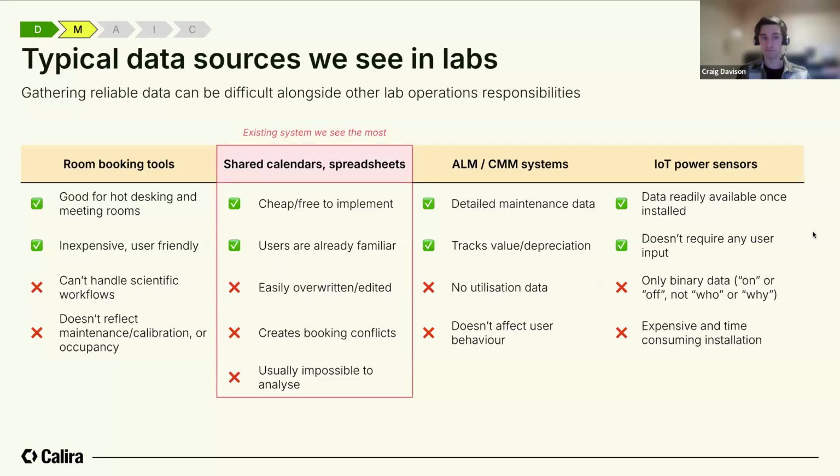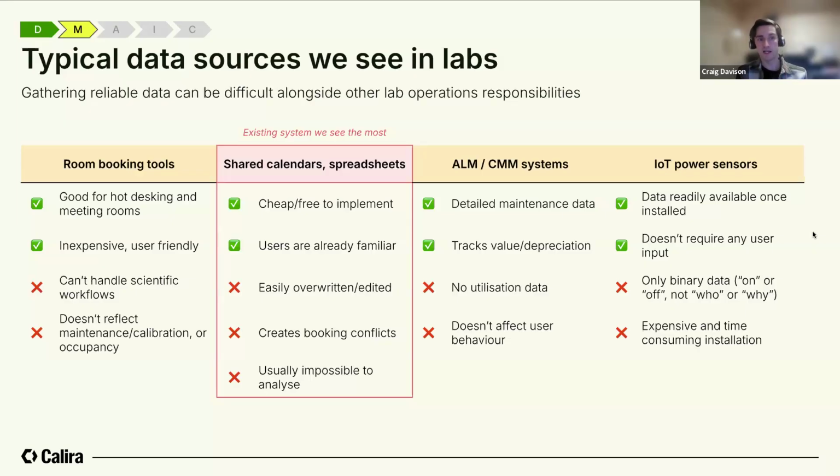Most of the larger companies we speak with also have maintenance or asset management systems in place. These are strong on service history, but people come to us because they're weak on the day-to-day usage and don't engage the scientists who are actually doing the experiments. The issue isn't that these tools are bad, it's that they're often asked to answer questions and solve problems that they just weren't designed for.